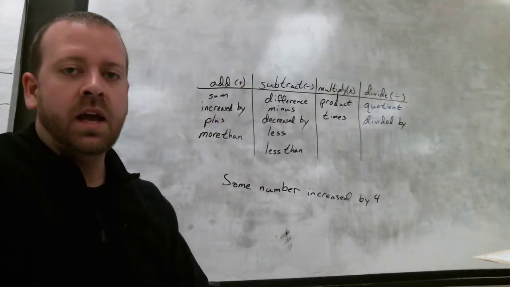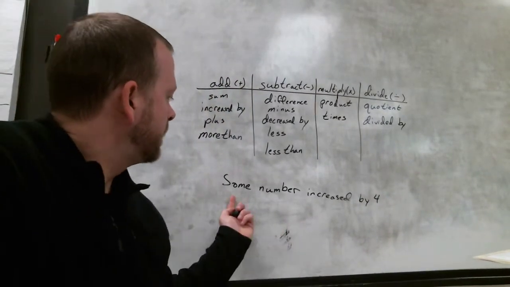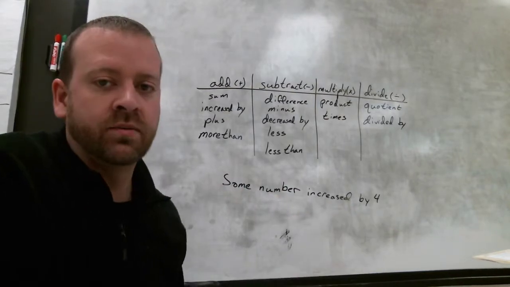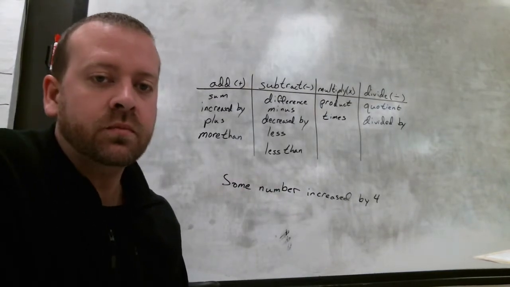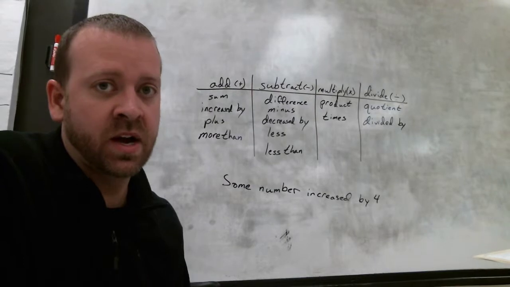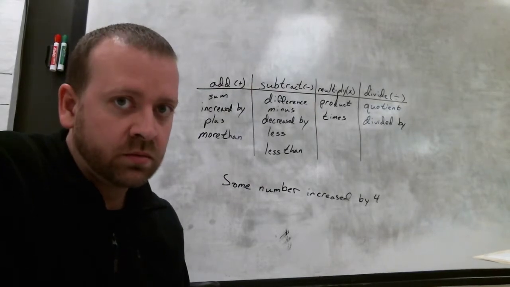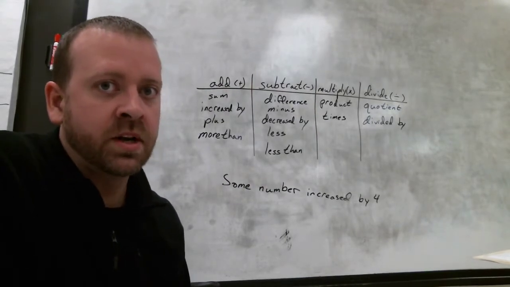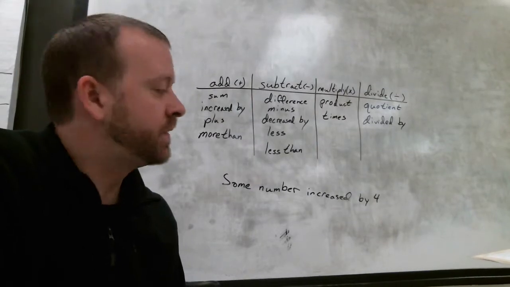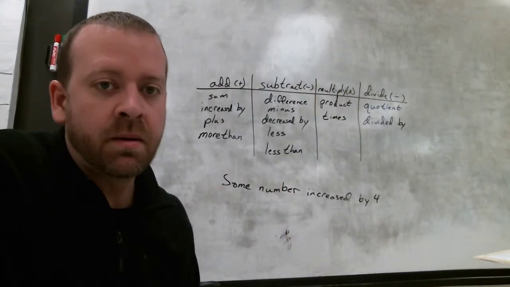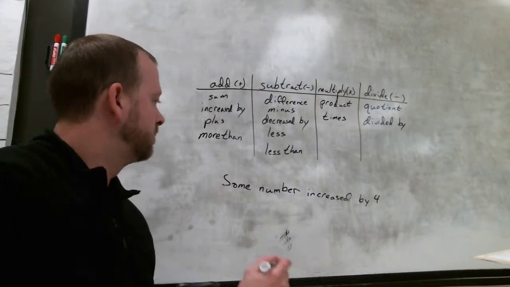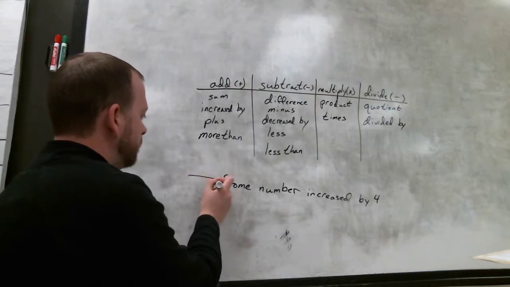Okay? I want to take this little phrase here and make it into an algebraic expression using a variable and knowing what operation I'm going to use. So I look at this. Some number is going to be our variable. Okay?